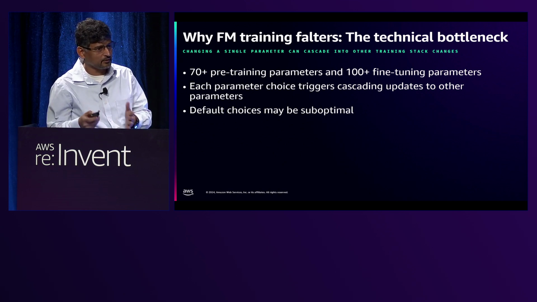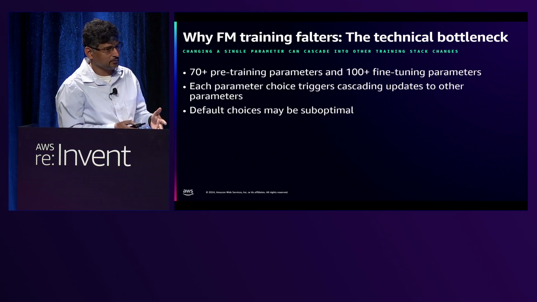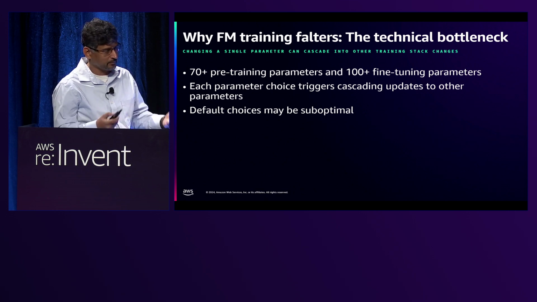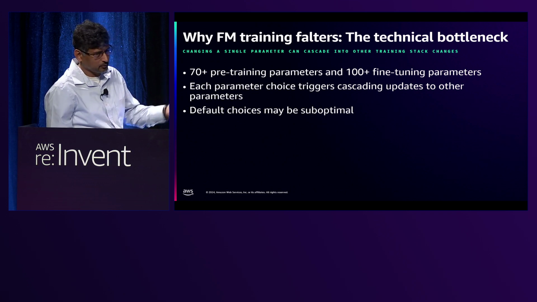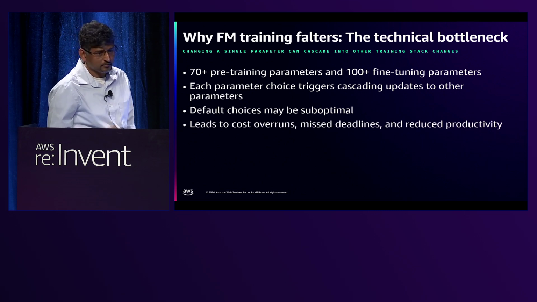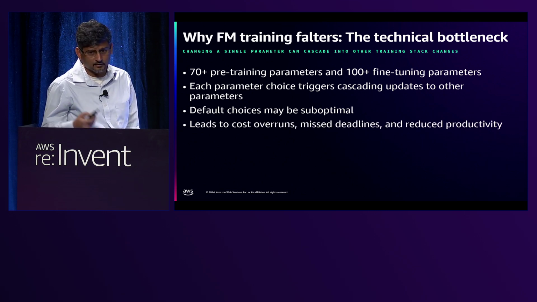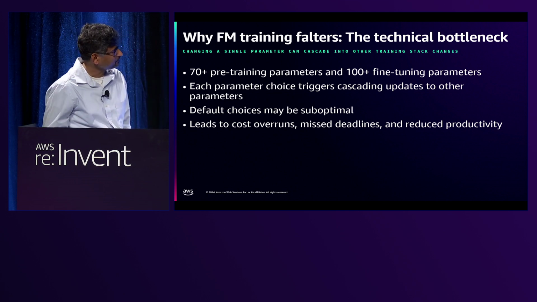You're always chasing the next best model, but never really getting started with your pre-training and fine-tuning, which is another reason we've heard from customers that sometimes companies don't want to pursue building teams that do pre-training and fine-tuning. Your default choices may end up suboptimal, which leads to cost overruns, missed deadlines and reduced productivity. I'm guessing this is a problem that some of you are encountering.